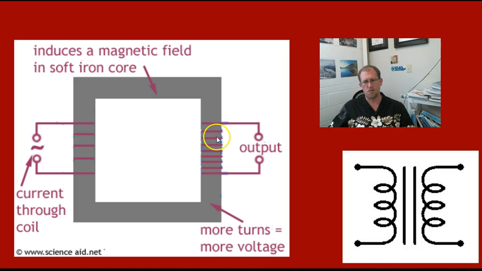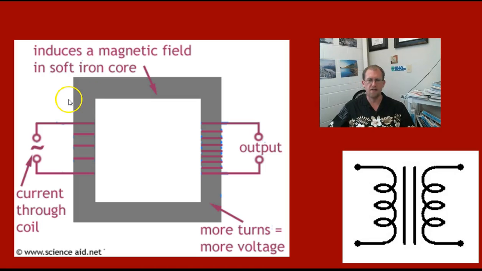And this has 1, 2, 3, 4, 5, 6, 7, 8, 9 wraps. So this side would have almost twice the voltage and current as this side. And so we've stepped up our voltage potential by having two different wraps of wire around a common core.